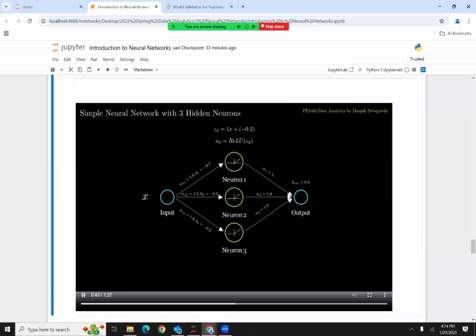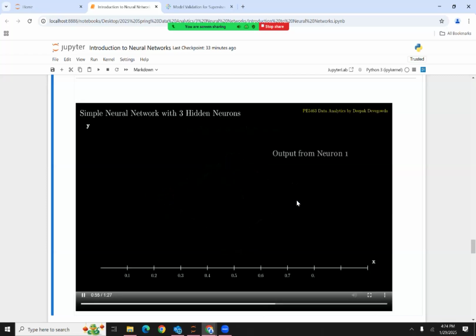And finally, all of these outputs from the hidden neurons are multiplied by the corresponding weights and then added up to give me the output.